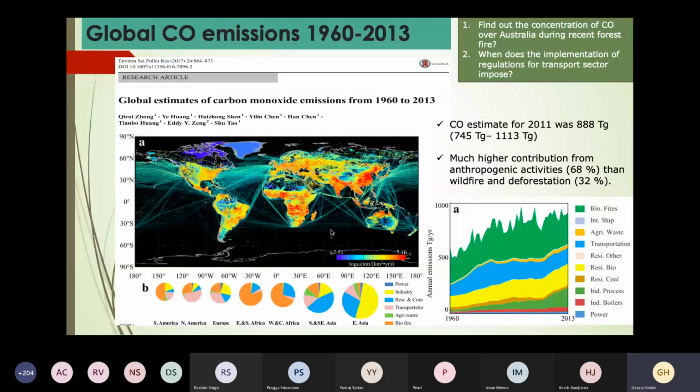So what we can see in developed countries is that fossil fuel is the main contributor to CO, while in developing countries, along with the industries which use fossil fuel, biomass combustion in the residential sector plays a greater role.